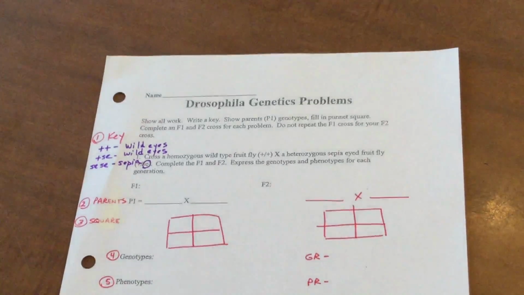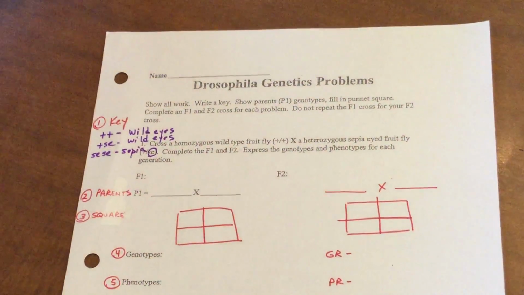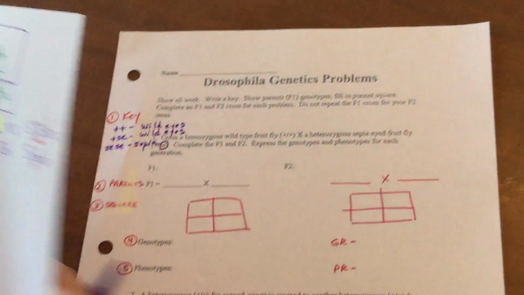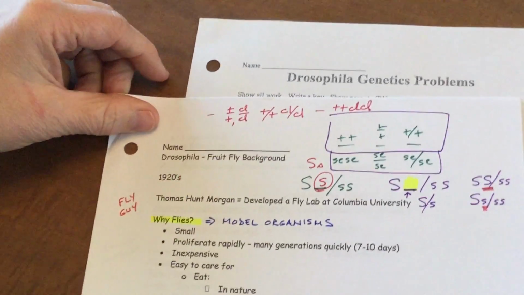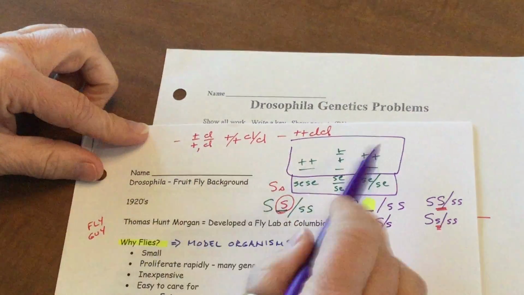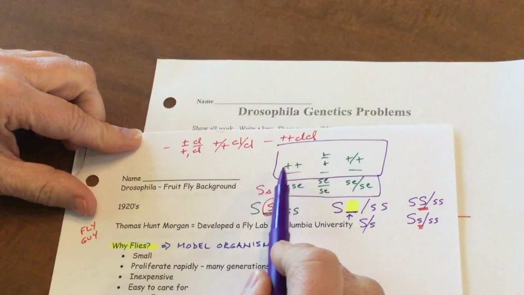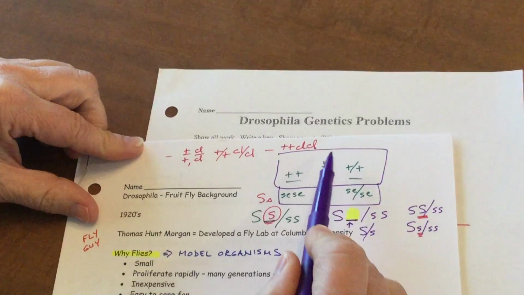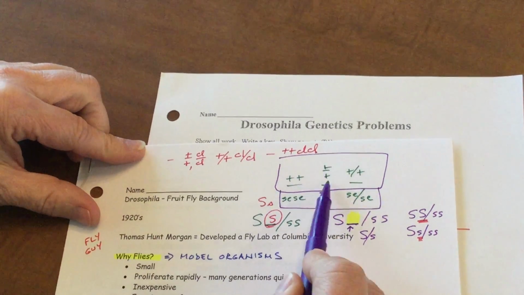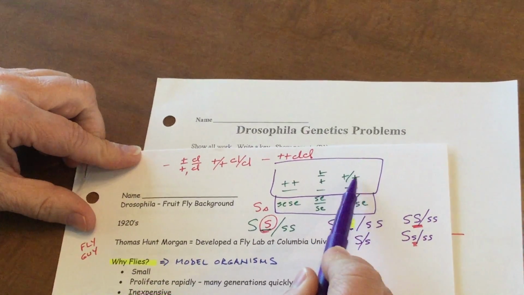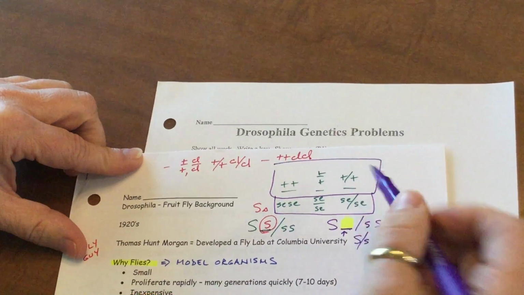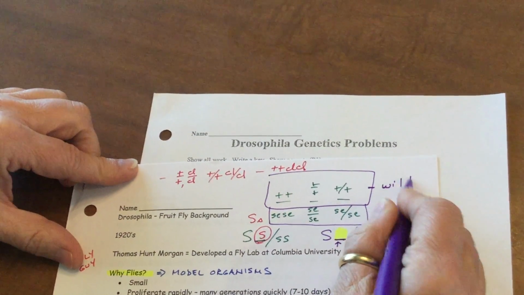I know it looks crazy, and I'm going to go back for a moment to the actual Drosophila notes. They can be written a whole bunch of ways, which makes people crazy sometimes. I can have ++ next to each other, plus over plus like a fraction, or plus slash plus. All of this would be for wild.